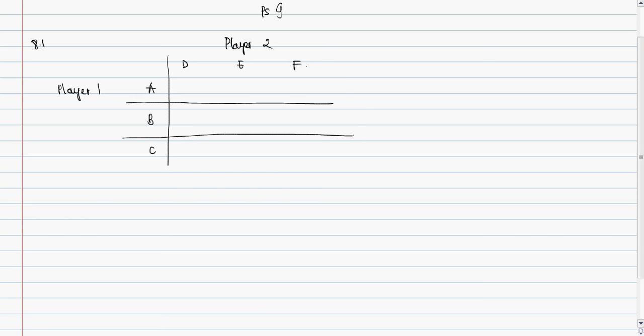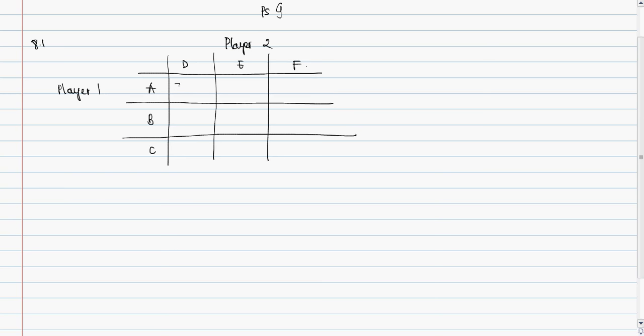So player 1 will have strategies A, B, and C, and player 2 will have strategies D, E, and F. For each of the strategies, there will be a corresponding payoff for each of the players.